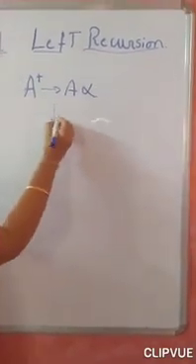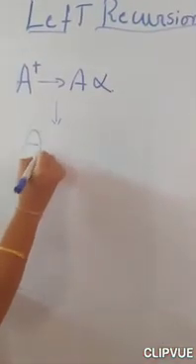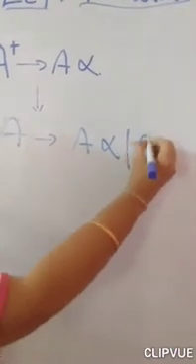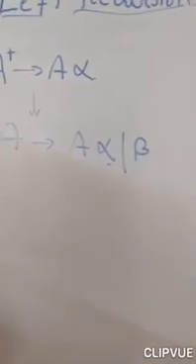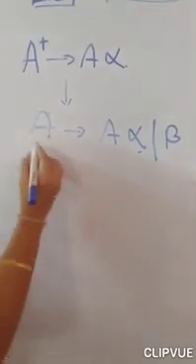suppose we have a grammar like A derives A alpha or beta, where alpha is some string and beta is some string, and we call them sentential forms.